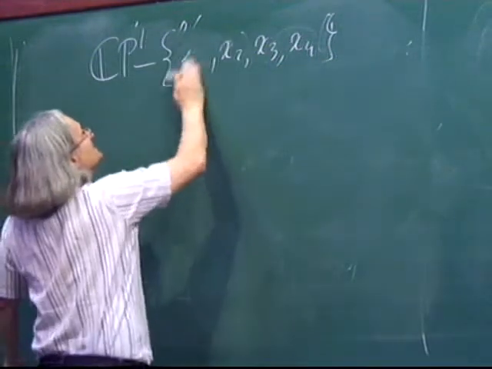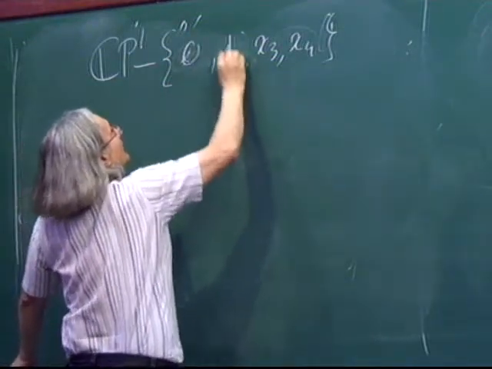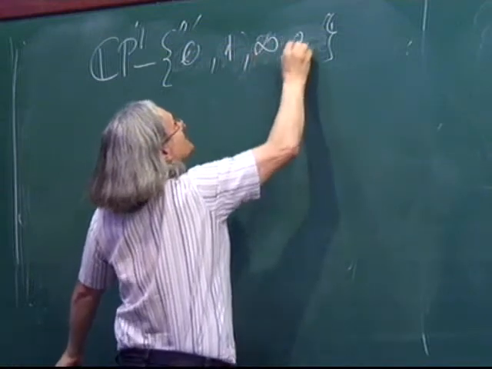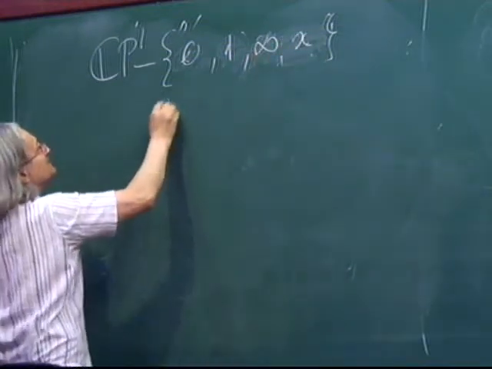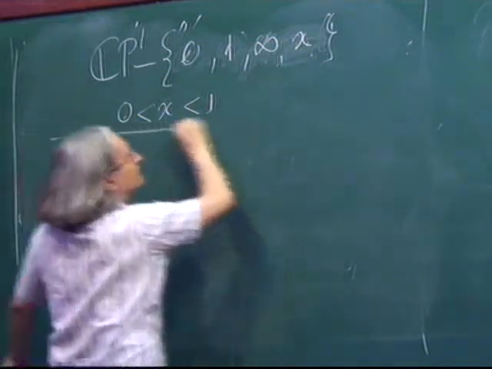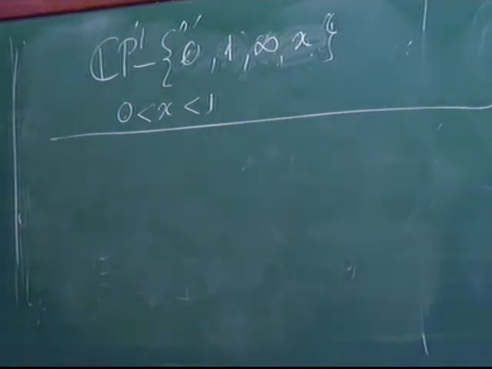So I can assume this is 0, this is 1, this is infinity, and this is x. And I can assume x is between 1 and 0. And Poincaré wants to show that the universal cover of that is the disk.